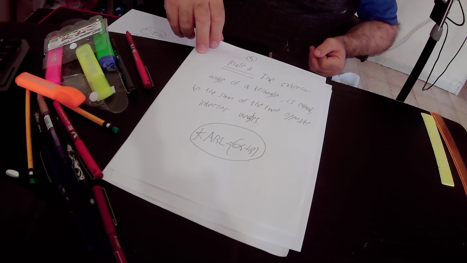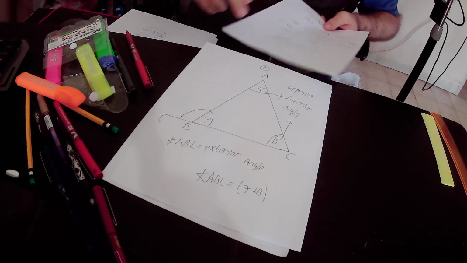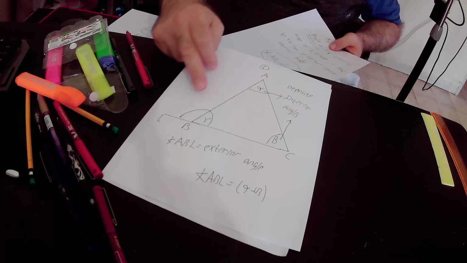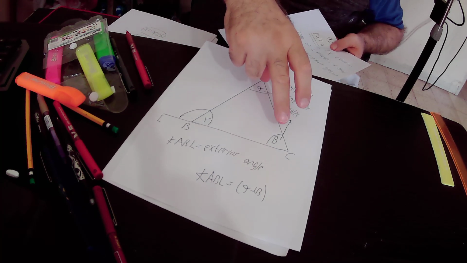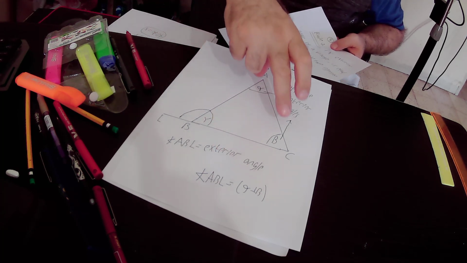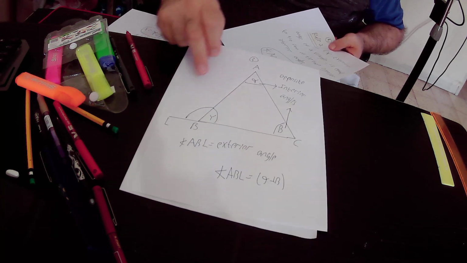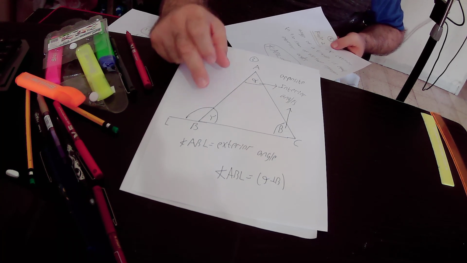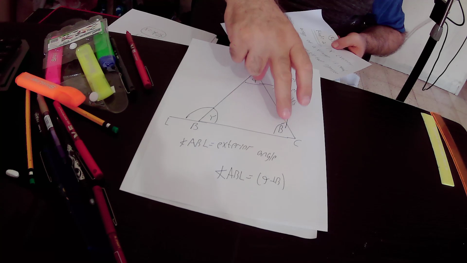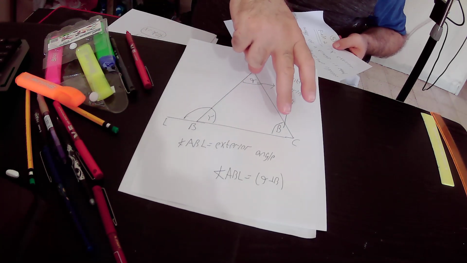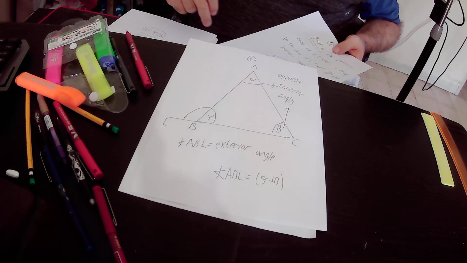That is to say, angle ABL equals alpha plus beta.